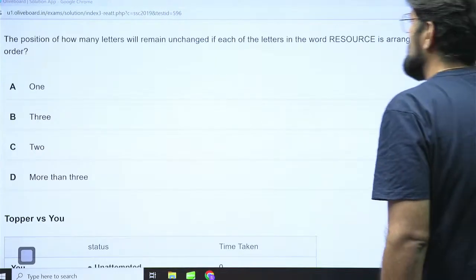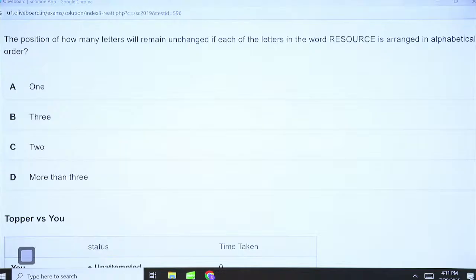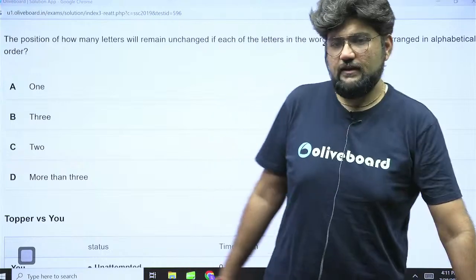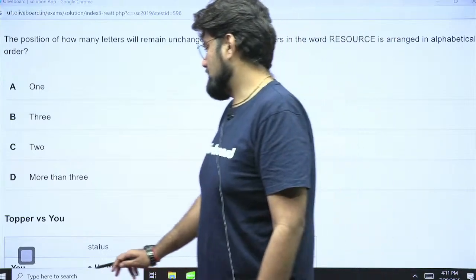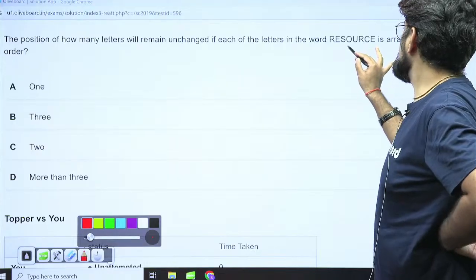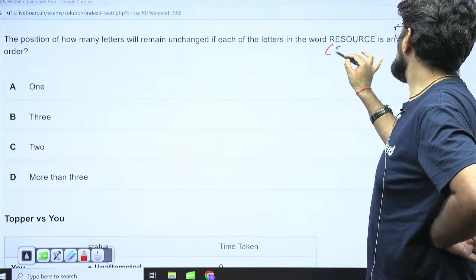Okay, positions of how many letters will remain unchanged? Answers in the chat box, guys. If the letters of the word resource are arranged in alphabetical order. Okay, so we simply need to arrange them in increasing alphabetical order. So we'll start with C. Then we have 2 E's.